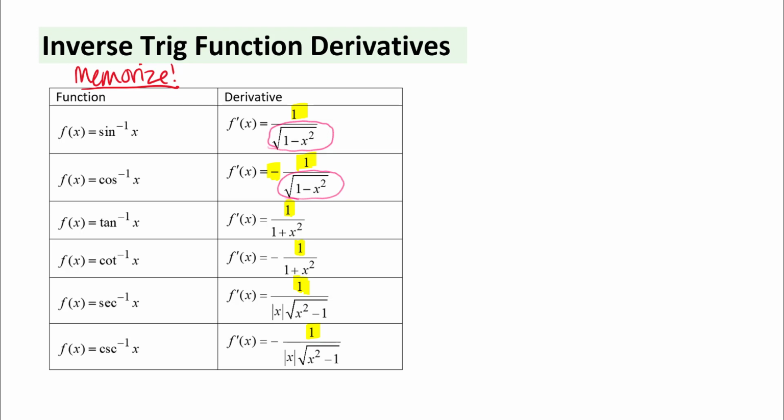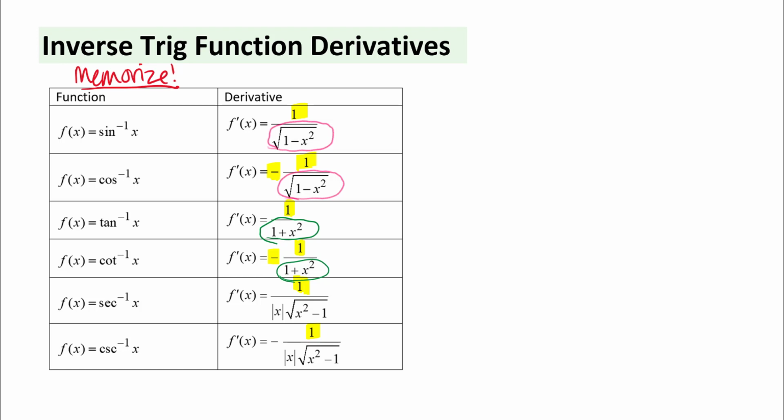And then the next two that are here in the chart, the derivative of tangent inverse and cotangent inverse, those also have the same denominator, and the derivative of the cotangent inverse function has a negative out front. On the tangent inverse and cotangent inverse, you might notice that there's no square root on the denominator of those.